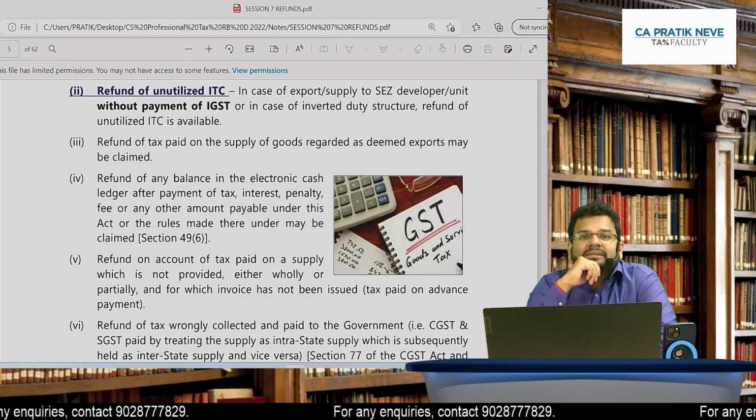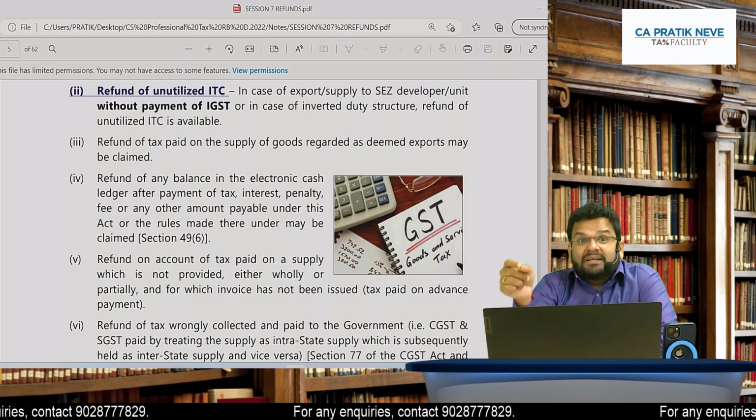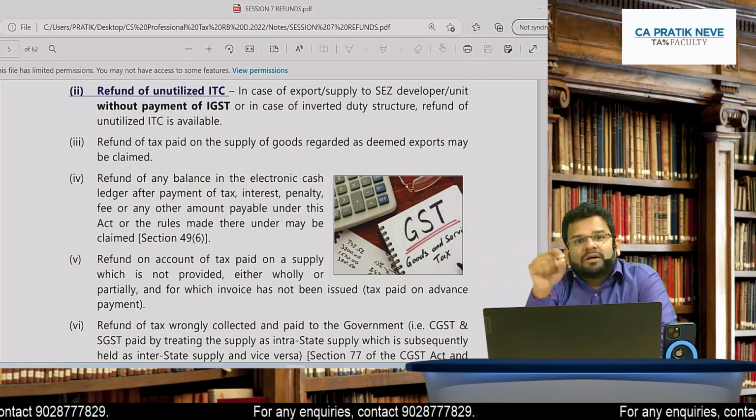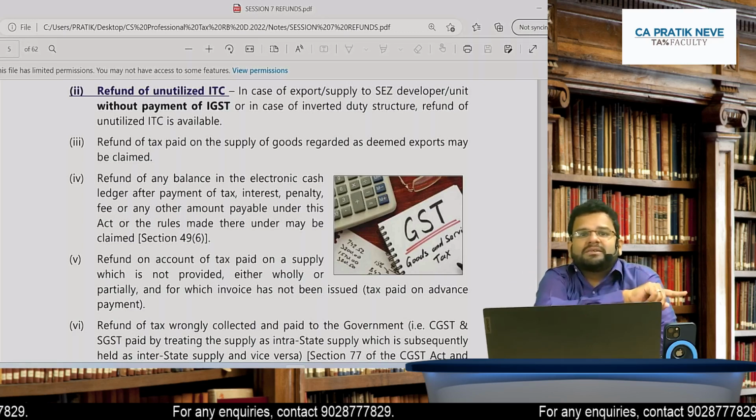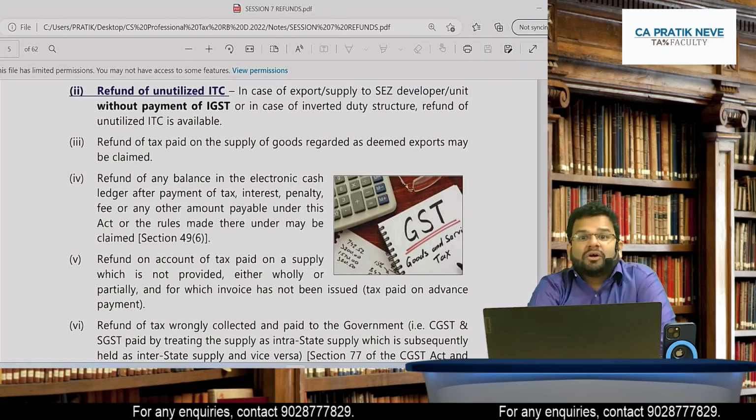It means the percentage of GST on your inward supply is greater than the percentage of GST on your outward supply. This is called inverted duty structure.